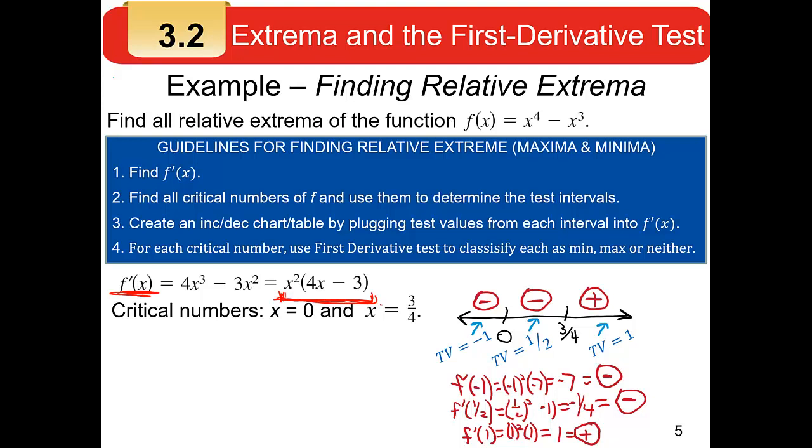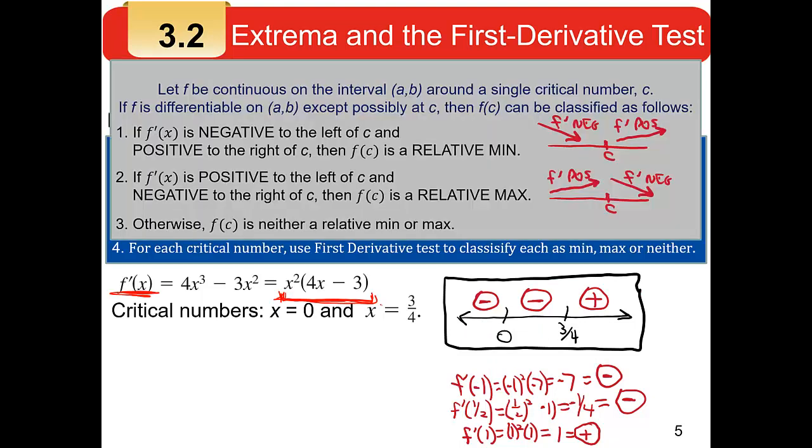Now that's the behavior I wanted to come to grips with in this problem. Where's the function increasing or decreasing? Because I know the increasing, decreasing tells me about whether I have maxes or mins. So looking at that chart and thinking back to what it means to be a relative minimum or relative maximum, it's the behavior around those critical values.